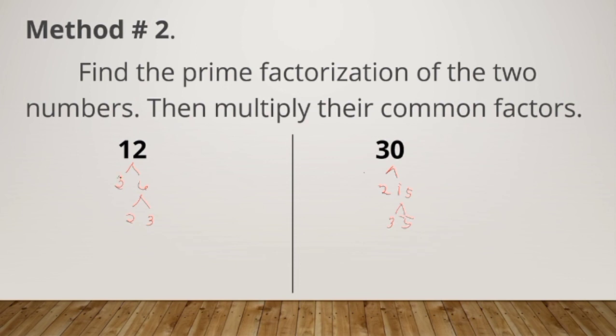The prime factors of 12 are 2, 2, and 3. And for 30, the factors are 2, 3, and 5. The factors the two numbers have in common are 2 and 3. In order to find the GCD, we need to multiply their common factors. 2 times 3 is equal to 6. Therefore, the GCD of 12 and 30 is 6.